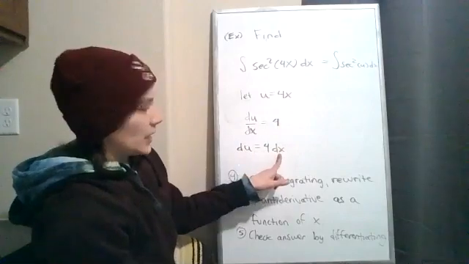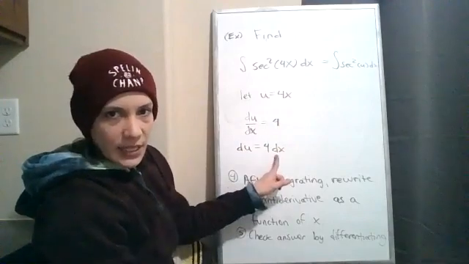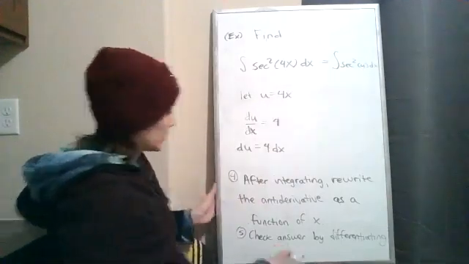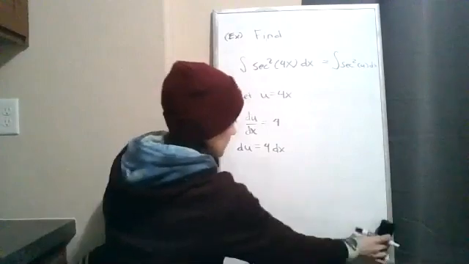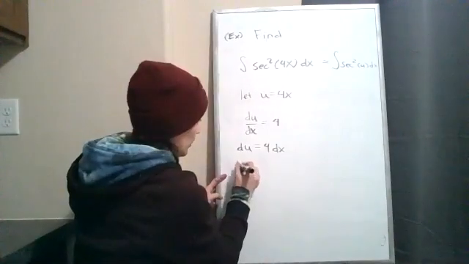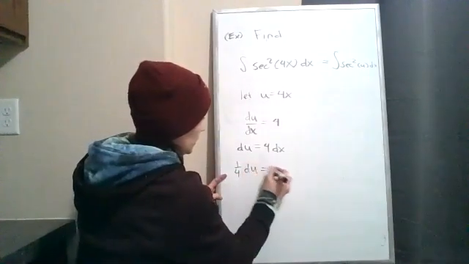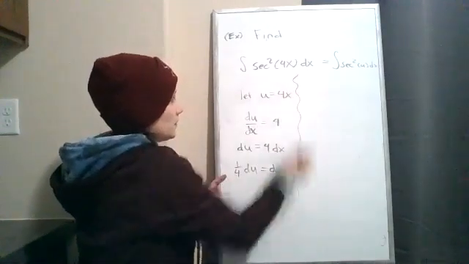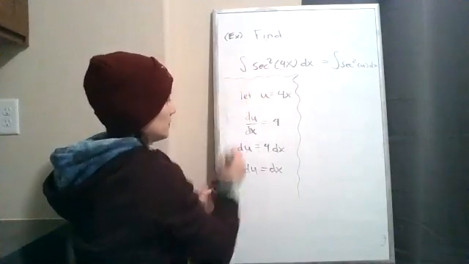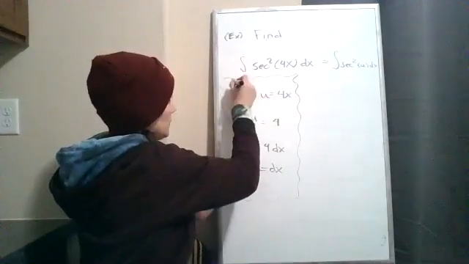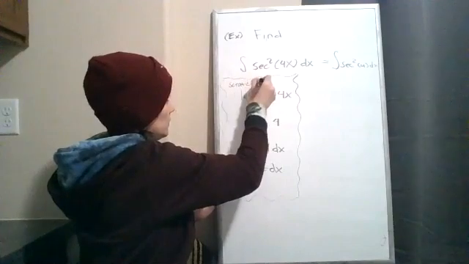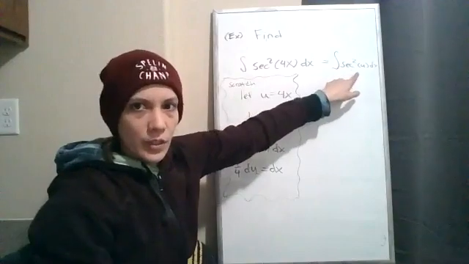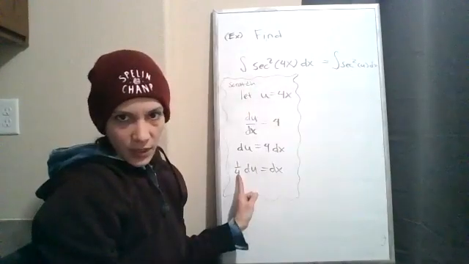What I will do is divide both sides by 4, and that gives me dx. And then I can get rid of this dx right here, or replace it with 1/4 du equals dx. Okay, the integral of secant squared u times 1/4 du.